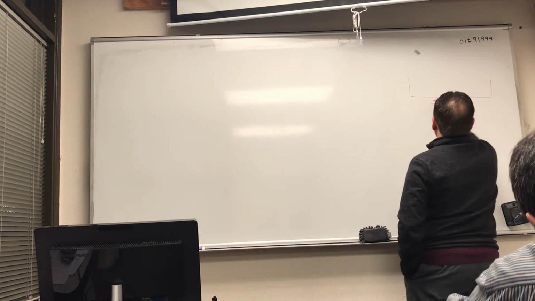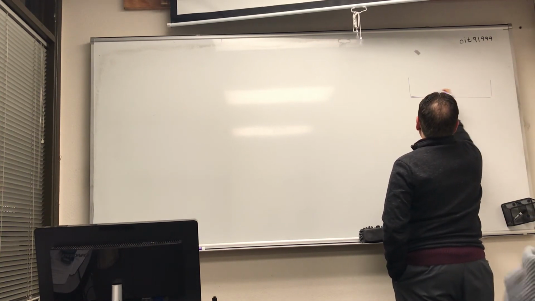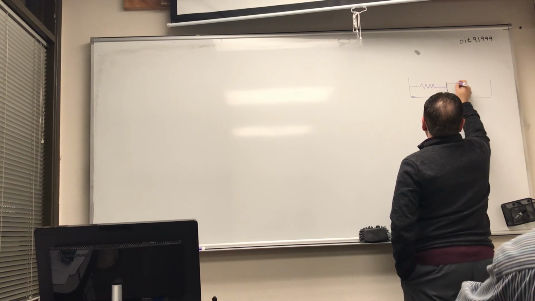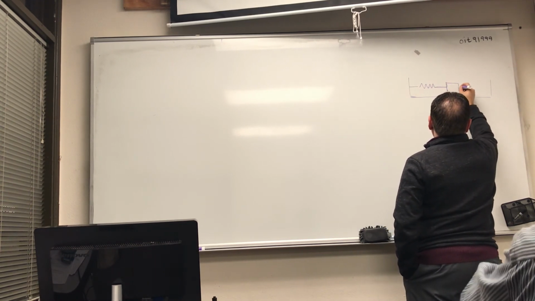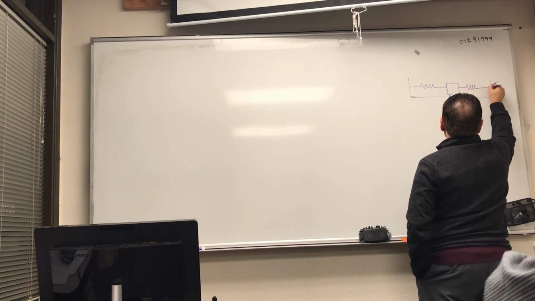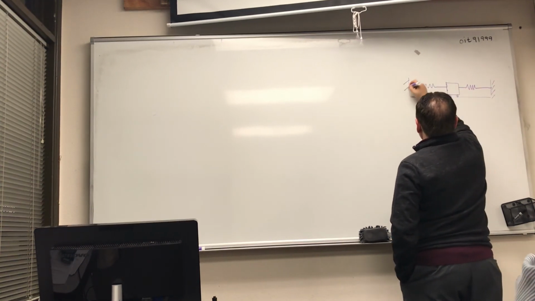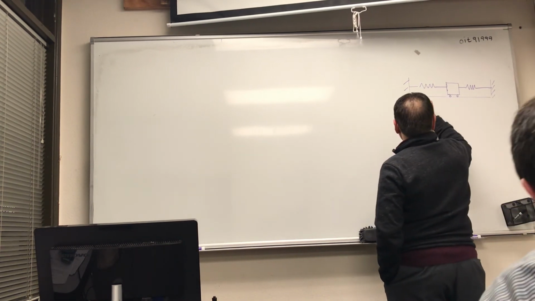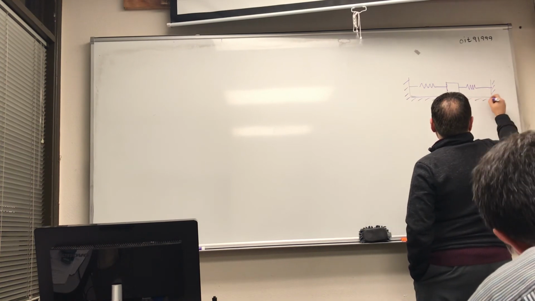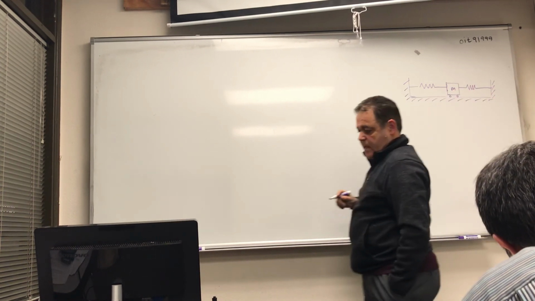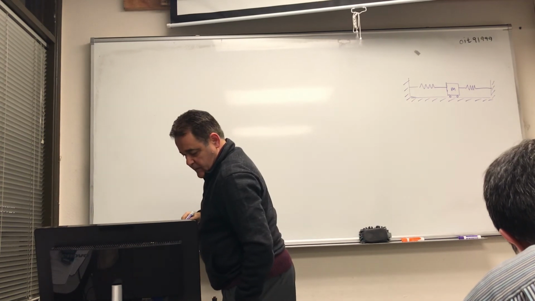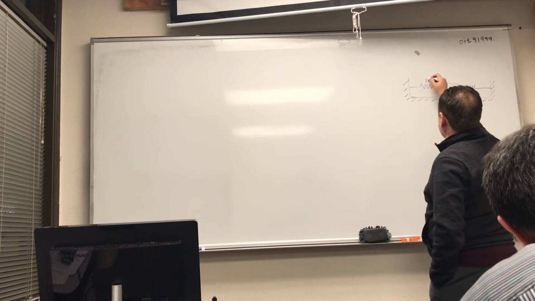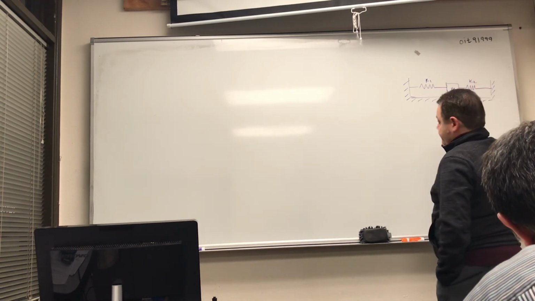Okay. All right, now imagine you have a wall like this. You have a mass in here, and another spring there. This is a mass M, and this is K1, maybe, and this is K2.